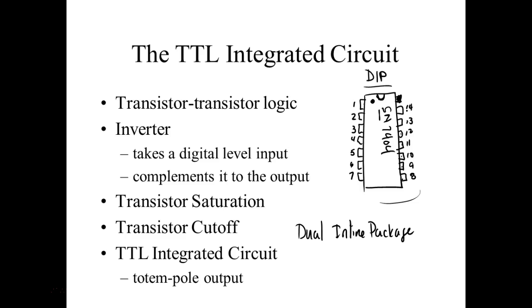These packages were injection molded, and where the injection molding comes in, it sometimes leaves a little circle. But what we're looking for is a sure enough notch. When you're looking at the top, the first pin on the left-hand side is pin 1. You number them down, and then come over and number them up.